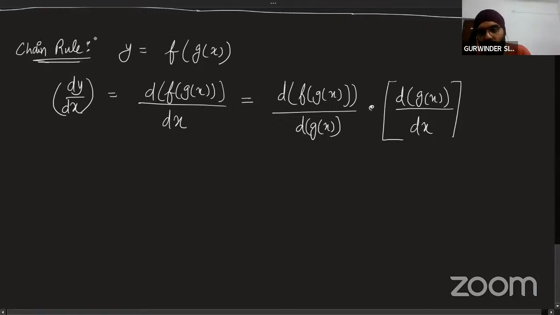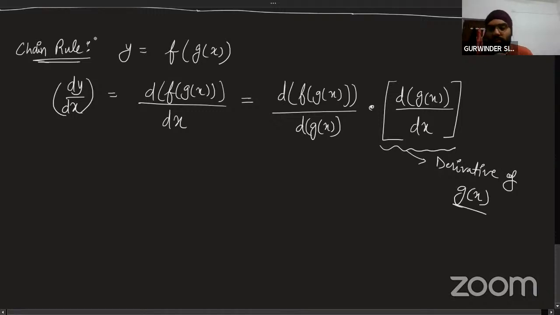So basically what that means is, the second term is very easy. Second term basically means the derivative of g of x. Very easy. But if we look into the first function, it is d of f of g of x divided by d of g of x.